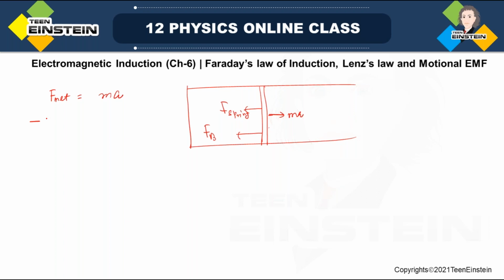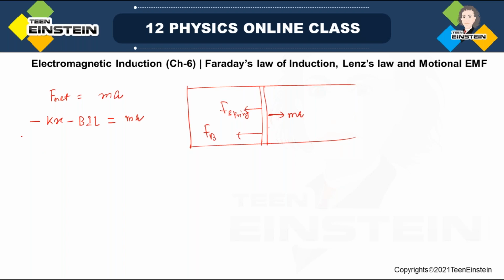So that's why I'm writing minus kx spring force, minus magnetic force, that is BIL. Or I can write capital L also, doesn't matter. So I can write BIL, and this is equal to MA.